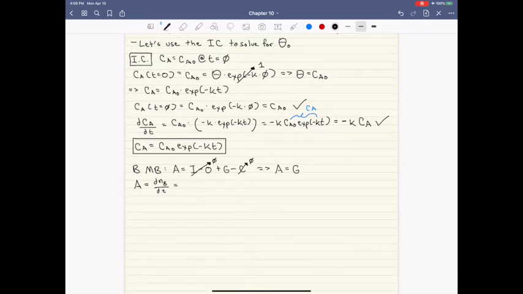And just to jump ahead here, we could apply the same sort of logic that we applied for species A, where we could say the moles of B is equal to the product of the concentration of B times the volume of stuff in the reactor. And assuming that the volume of stuff in the reactor is constant, then we could write this statement.